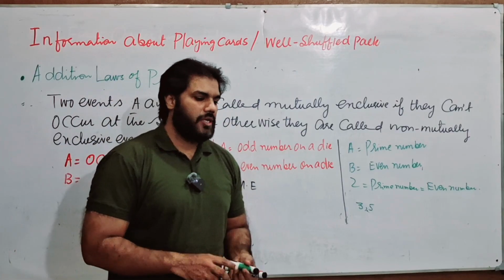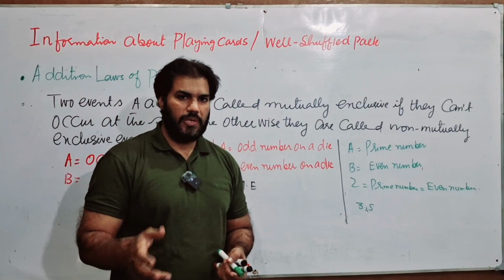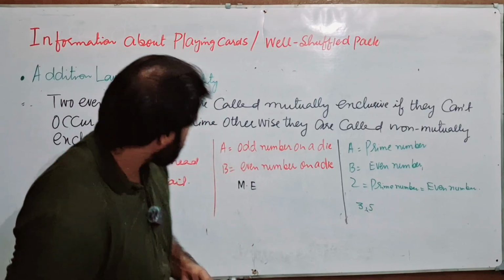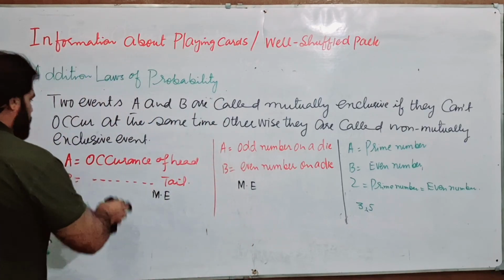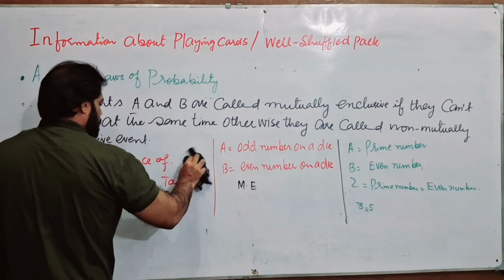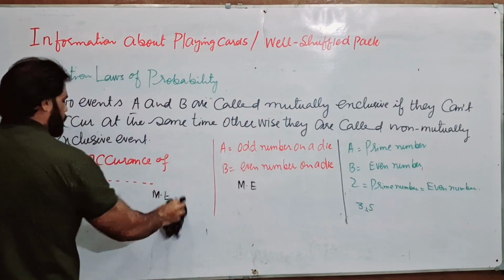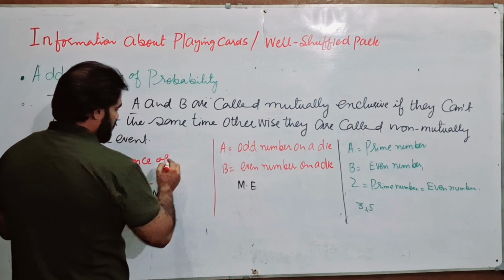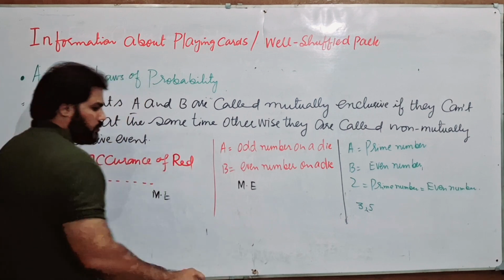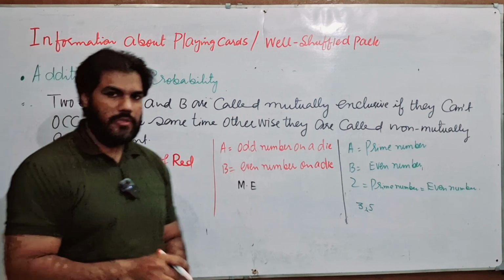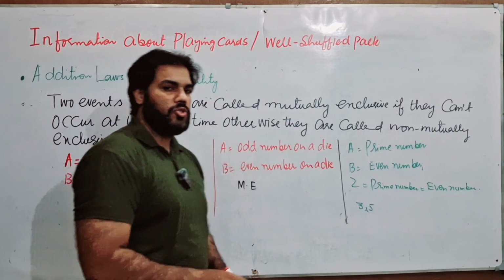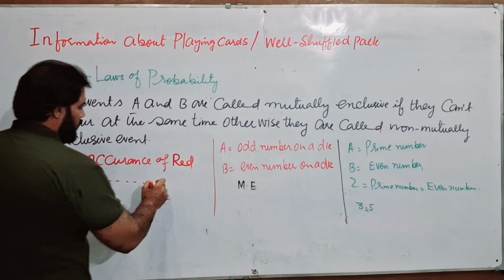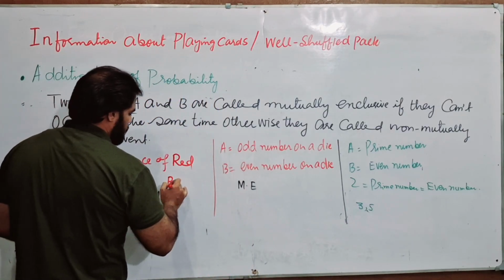Suppose we take some examples from playing cards. Suppose A is occurrence of a red card. We have to choose a card from a well shuffled pack, and A shows occurrence of a red card and B shows occurrence of a black card.